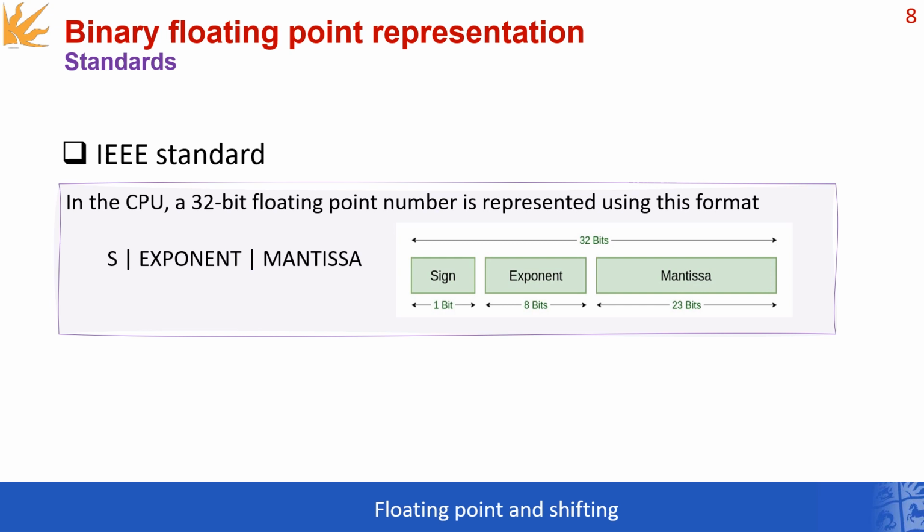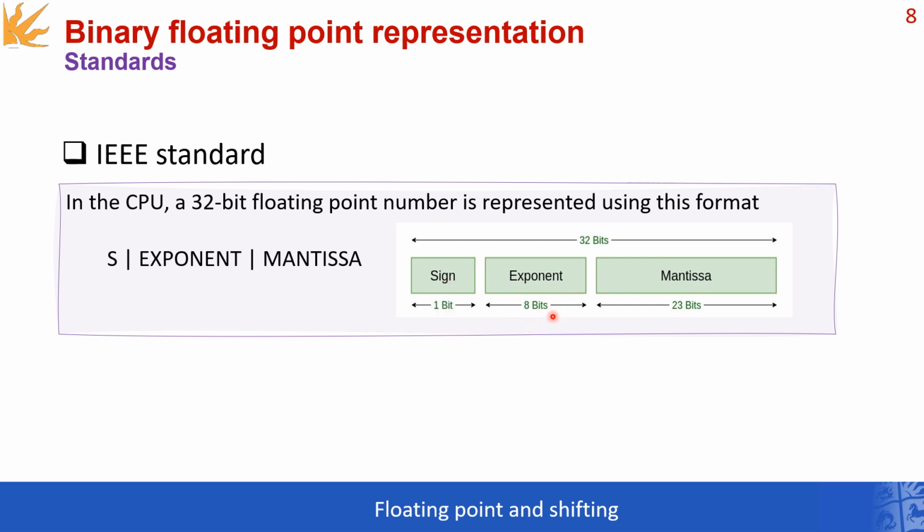Now let's switch to reality. The previous ones were examples for you to understand what the floating point representation is. Here, I'm going to give you the IEEE standard for CPUs that use 32-bit floating point numbers. According to that standard, the first bit is used for the sign.